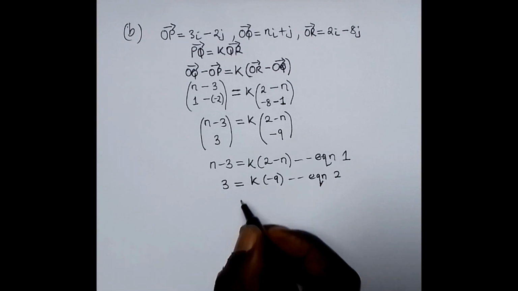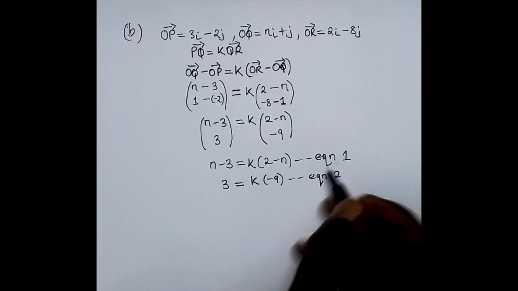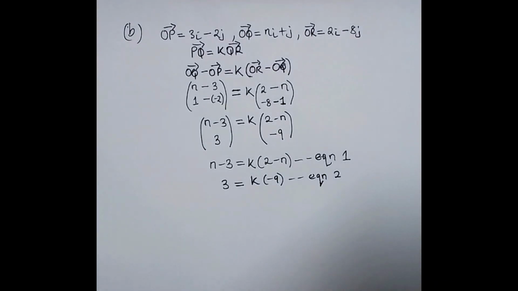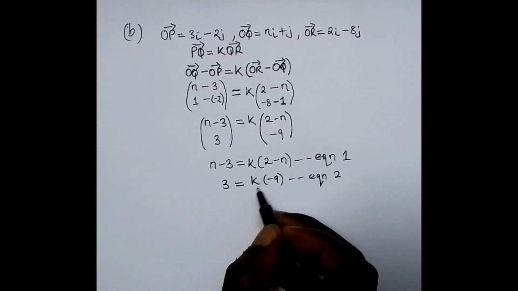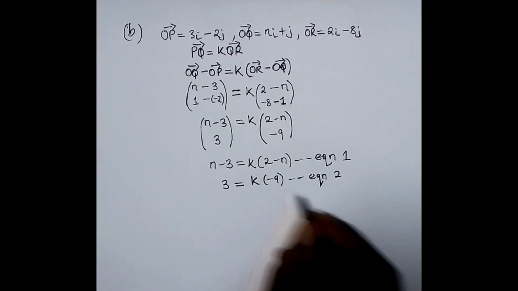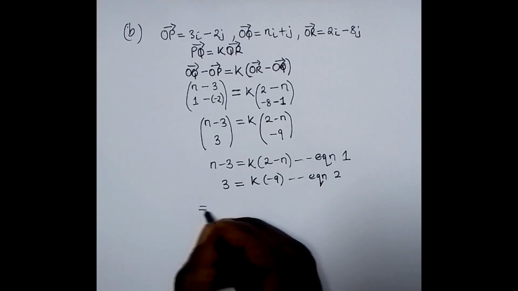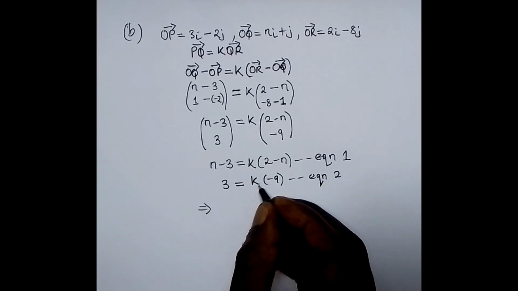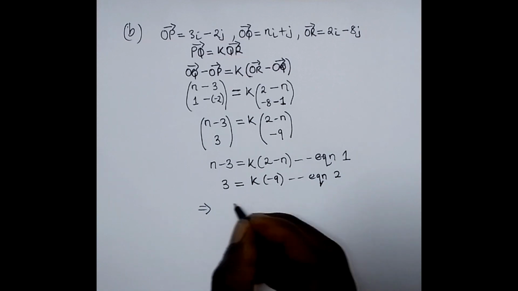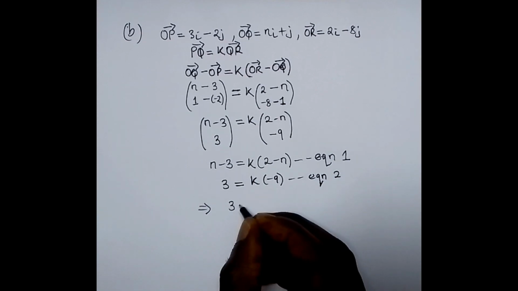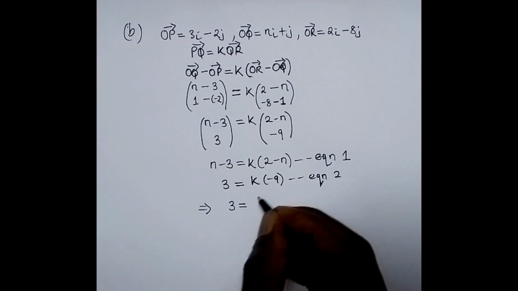So if this is our equation 1, and this is our equation 2, let's work out k using equation 2. From equation 2 we can work out k just by doing this. So 3 is equal to k times negative 9.